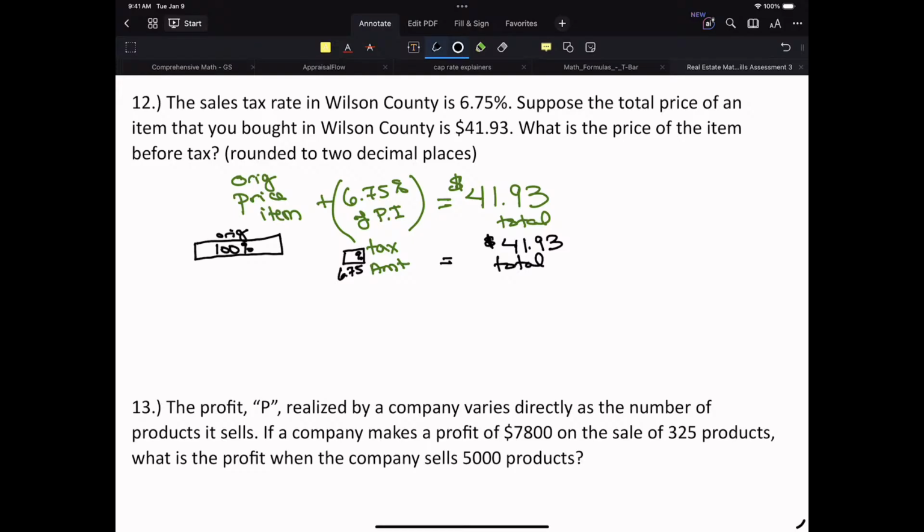So we know the final total has got to be more than our original. This final total, 41.93, is 100% of the original price plus 6.75%. I can add that together, 106.75%.